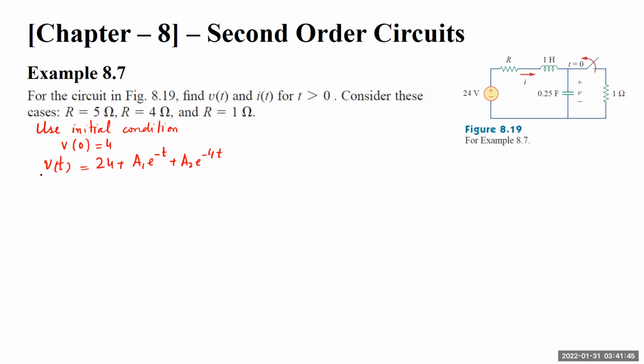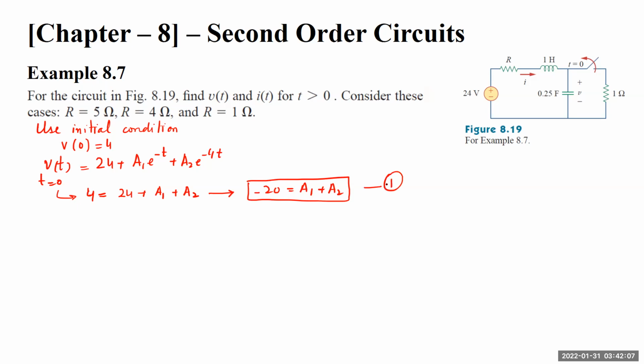Now put t equals to 0. So this becomes 4 = 24 + A1 + A2. So this comes out to be minus 20 equals A1 plus A2. This is your equation number 1, right?